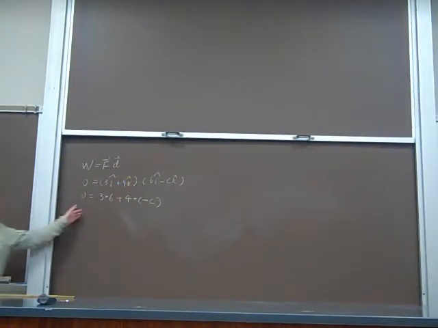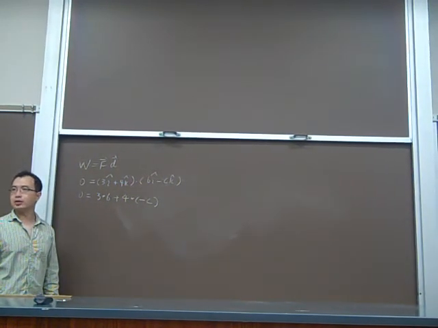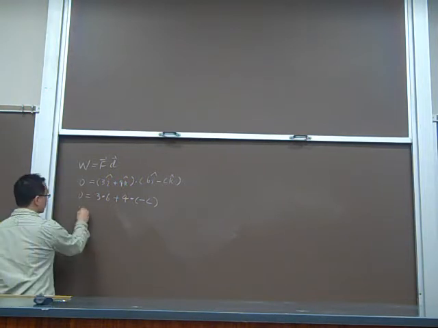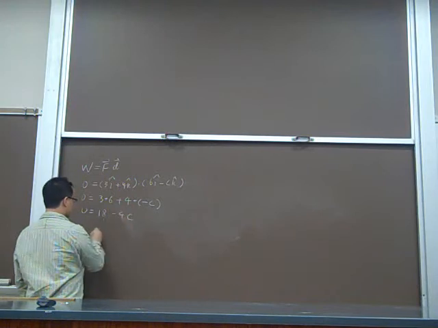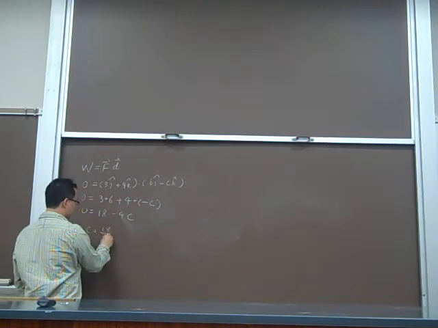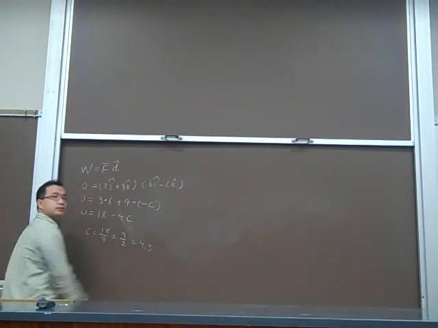Okay, so 0 equals this. This will enable you to calculate the value for c. So 0 equals 18 minus 4c. So c equals 18 over 4, or 9 over 2, or 4.5.